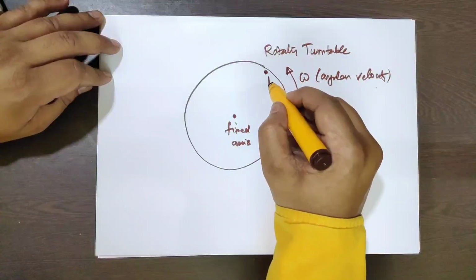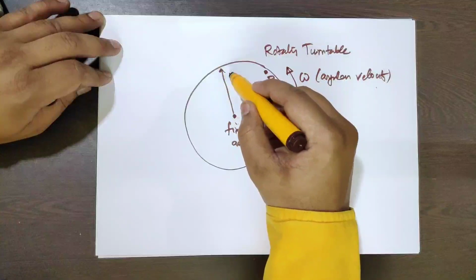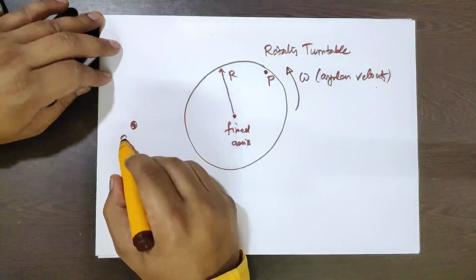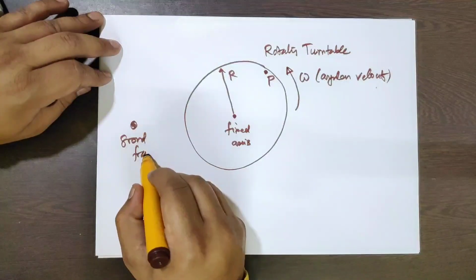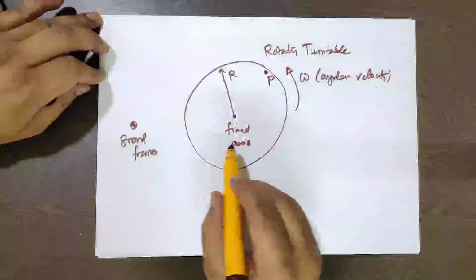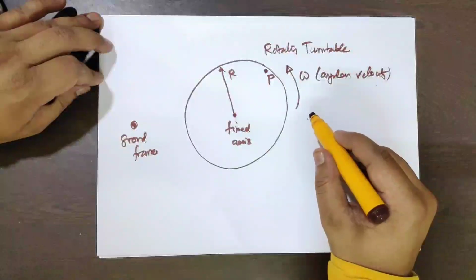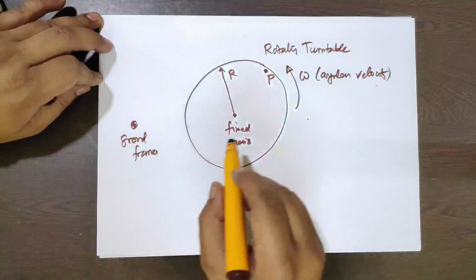Say this point P, and suppose the radius is r. Someone standing on the ground, this is the ground frame. So what is the velocity of P from the ground frame?